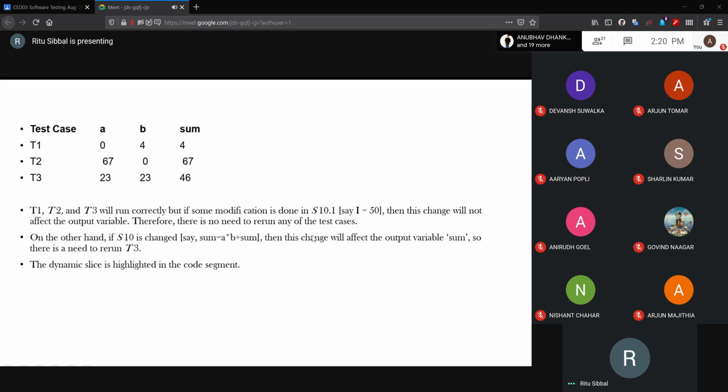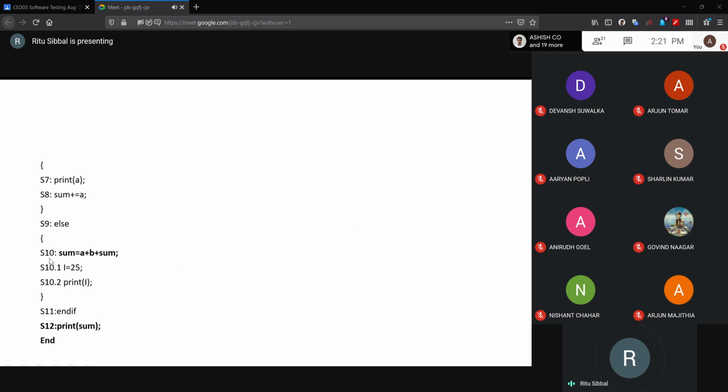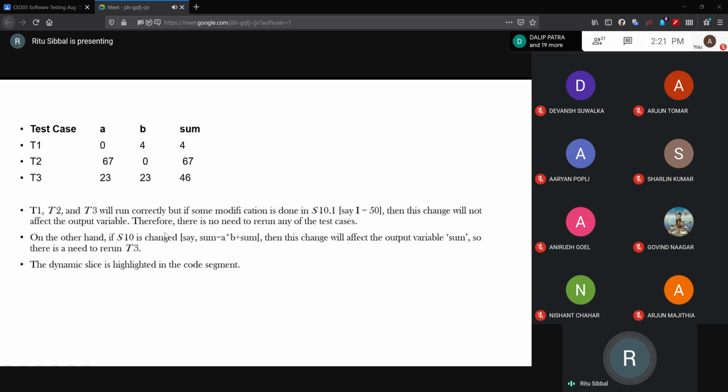Now suppose I change S10. In S10, sum is equal to A plus B plus sum. Suppose we change the formula to sum is equal to A into B plus sum. Now this will affect the variable sum. So therefore there is a need to rerun the test case T3.